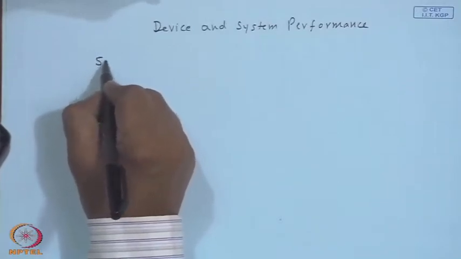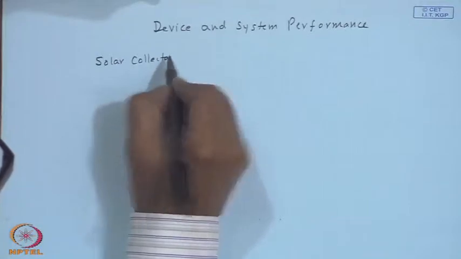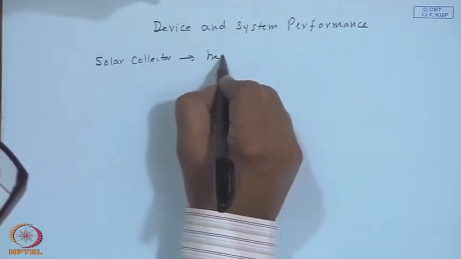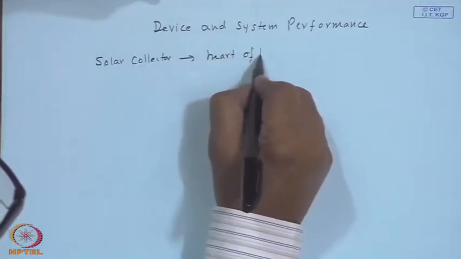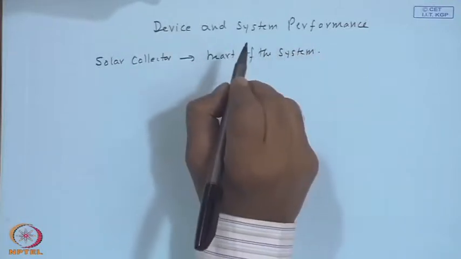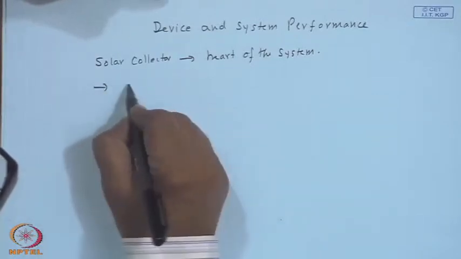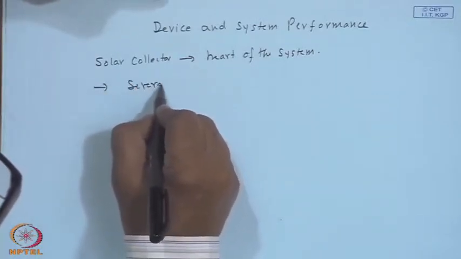No doubt the solar collector, you may call it the heart of the system, and it consists of several other components.